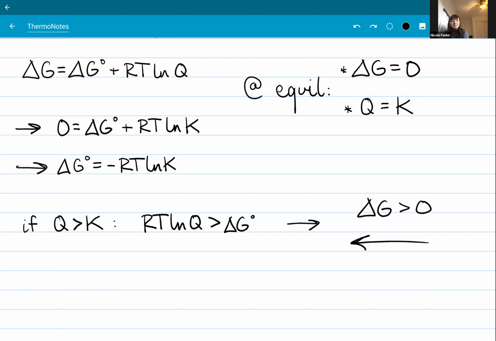This makes sense because we know already that when Q is greater than K, the reaction has too much product and too little reactant, so it should move towards the reactant. And as is usually the case, the opposite is true for when Q is less than K. So I won't go through the whole example, but you can see here that if Q is less than K, then the products are now favored.